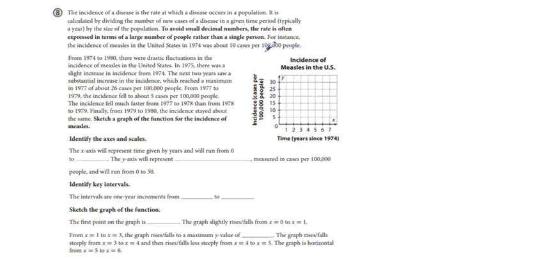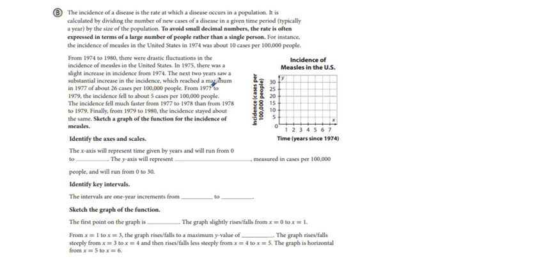100,000 people. And here we have from 1974 to 1980, there were drastic fluctuations in incidence of measles in the United States. In 1975, there was a slight increase from 1974. And the next 2 years saw a substantial increase in the incidence, which reached a maximum in 1977 of about 26 cases per 100,000 people.